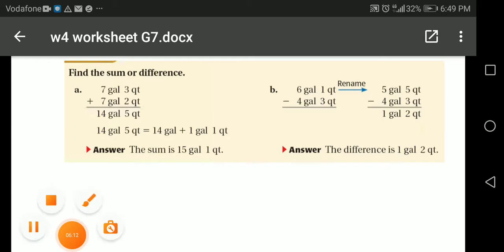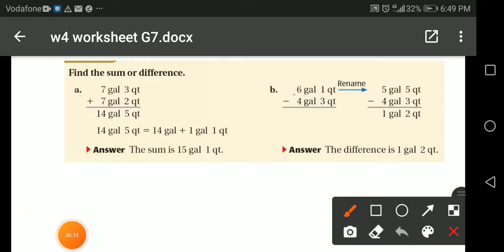Let's see together what we are talking about. When I say 6 gallons, it will be 5 gallons.